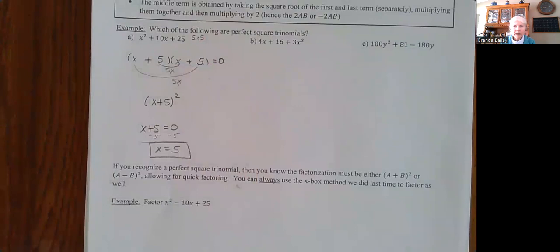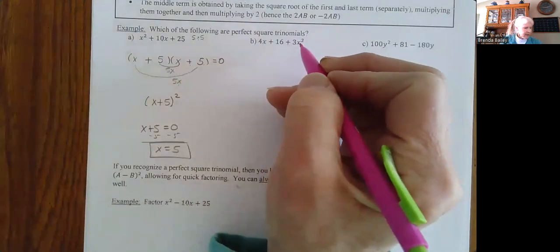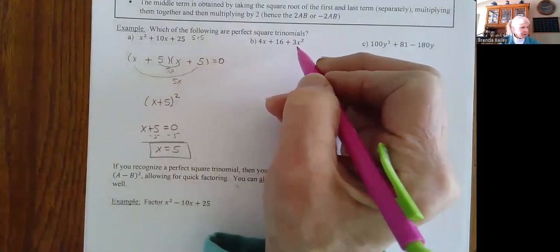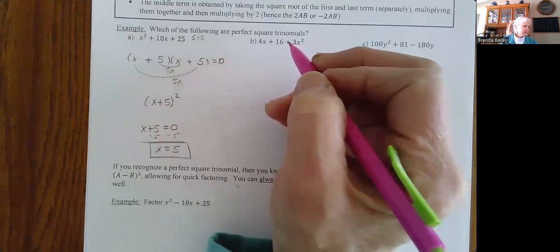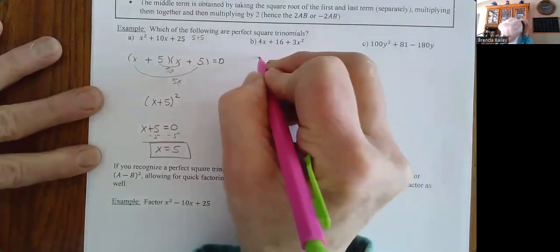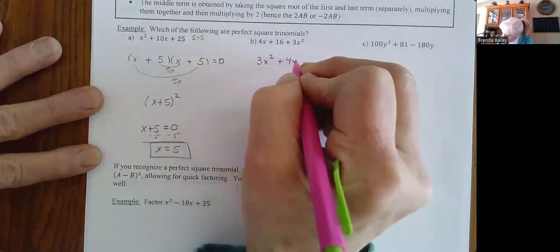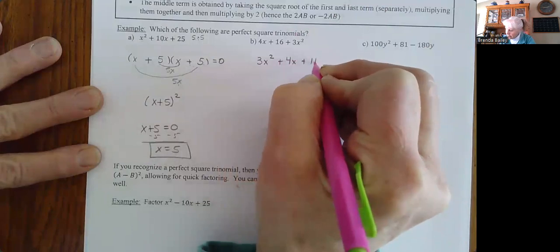All righty. Okay, let's look at B. If we were to rearrange these in order, we'd have 3x squared plus 4x plus 16.